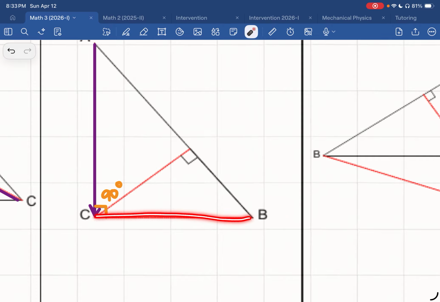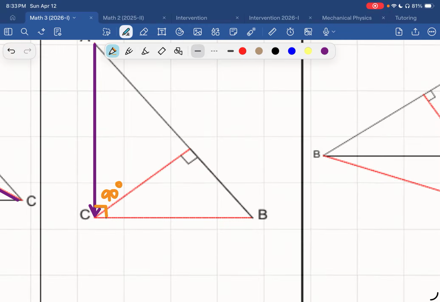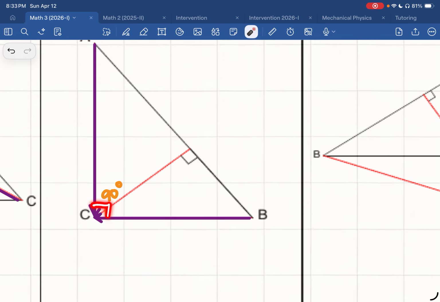This one goes here and intersects this one, which is the opposite side, forming a 90 degrees angle, right? So technically, this one would be something like this. Okay? And the 90 degrees is still here, or here, which is the same, right?